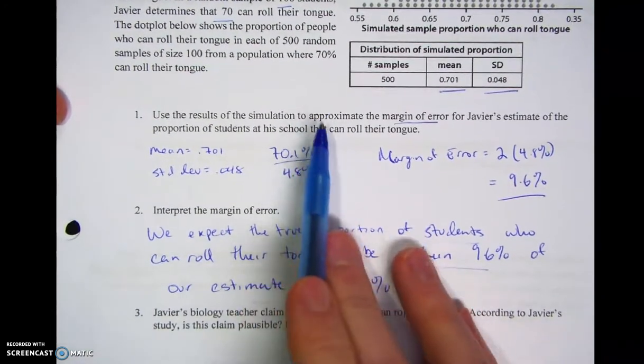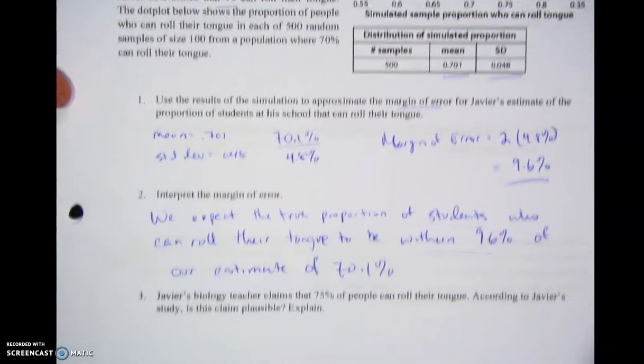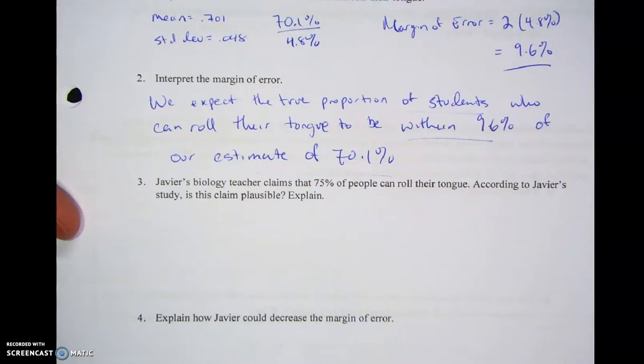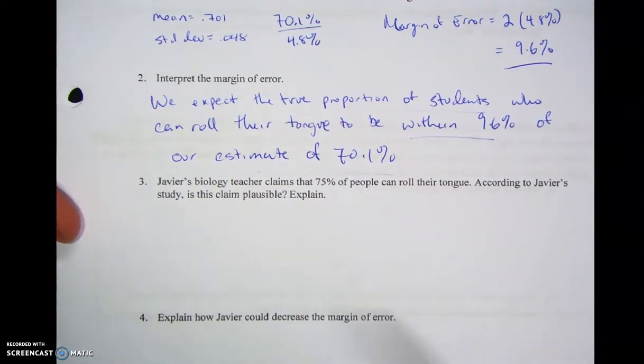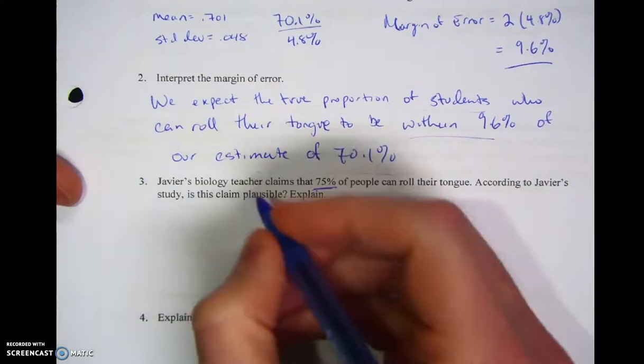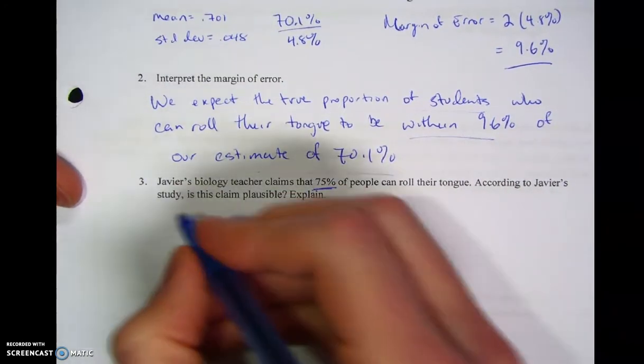So this is calculate the margin of error, interpret that margin of error. Then, is this plausible? Is this estimate plausible based on our data? And so we want to decide, is this reasonable? What we can do is we can always, this is what I recommend, find the lower and upper bound of our estimate.